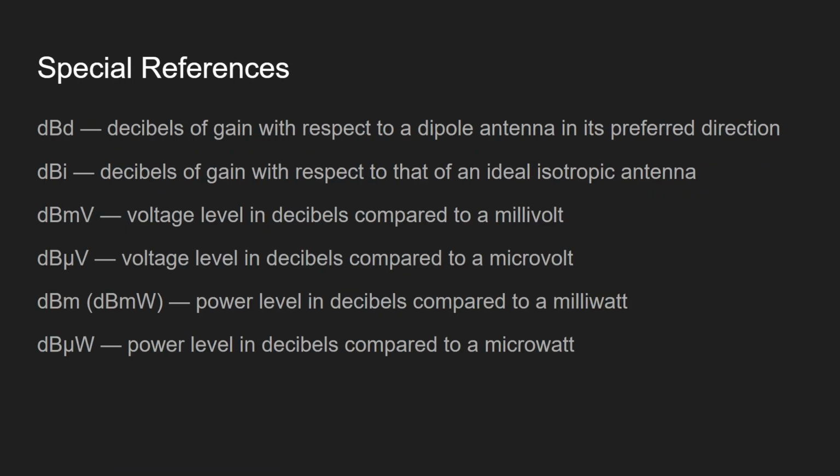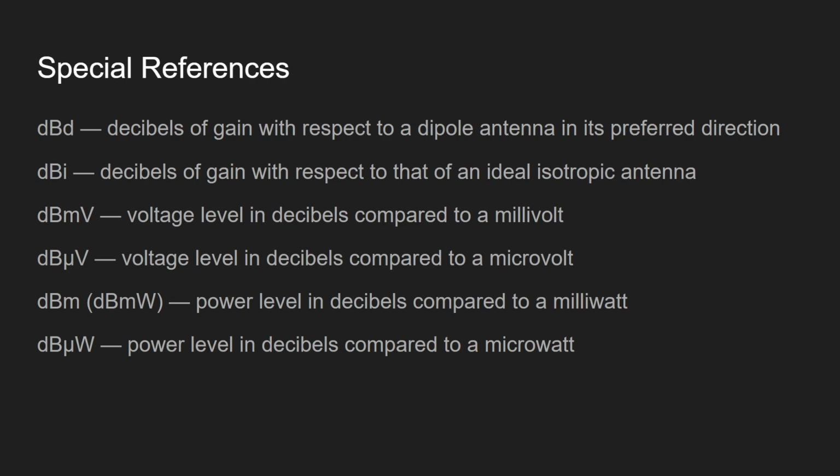And some special references. We have dBd, but dBd is not that common to be seen. dBi, you have seen it already. We call it the isotropic antenna, which is just a point, and it radiates just like a donut shape. Do I have to draw it?